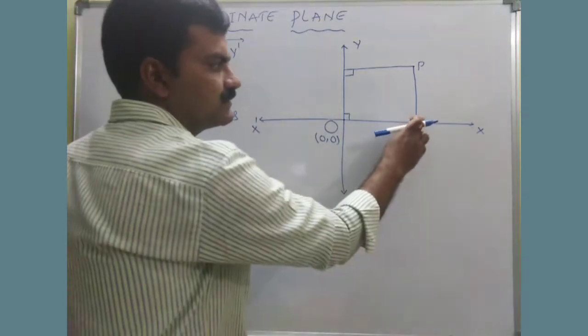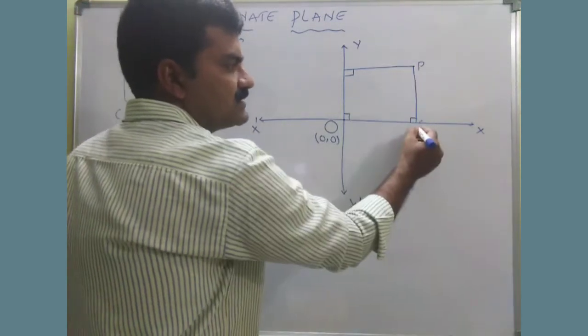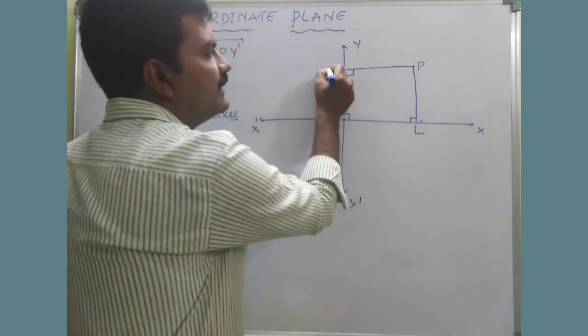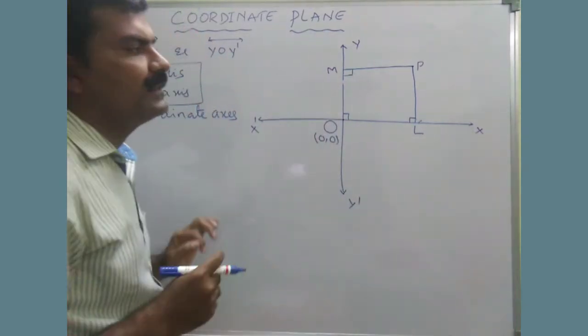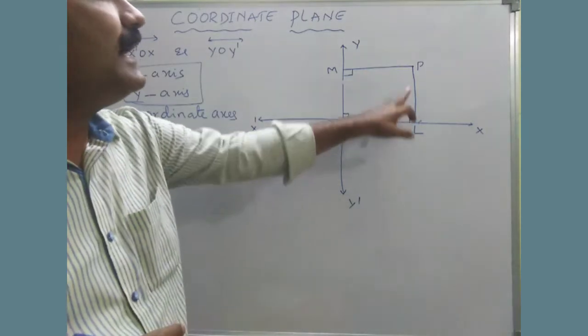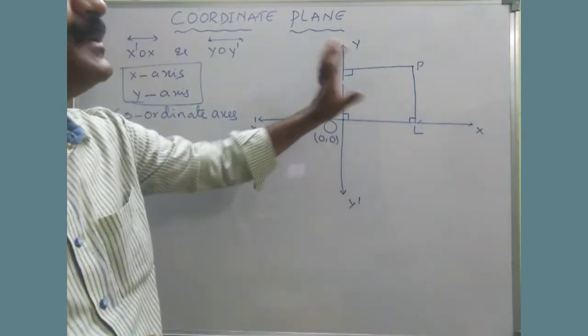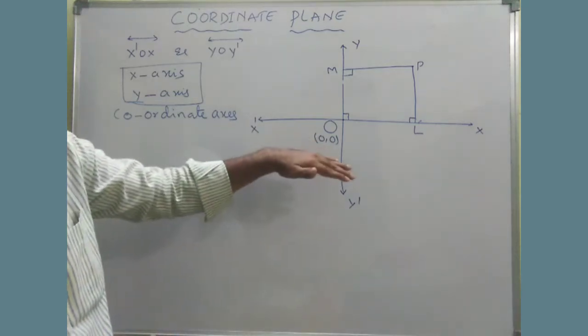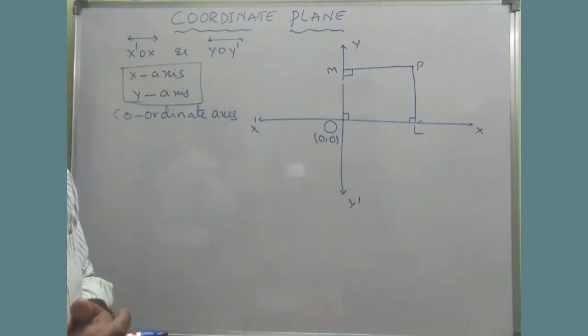Understood? These perpendiculars intersect the axes at L and M. I mean PL and PM are the perpendiculars drawn from P to the x-axis and y-axis respectively.